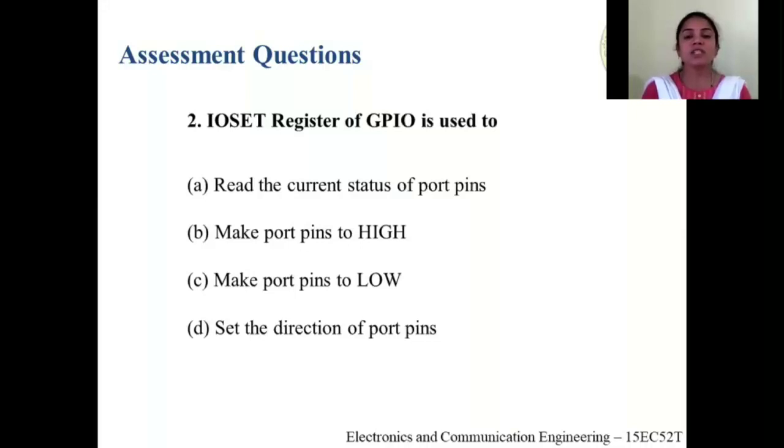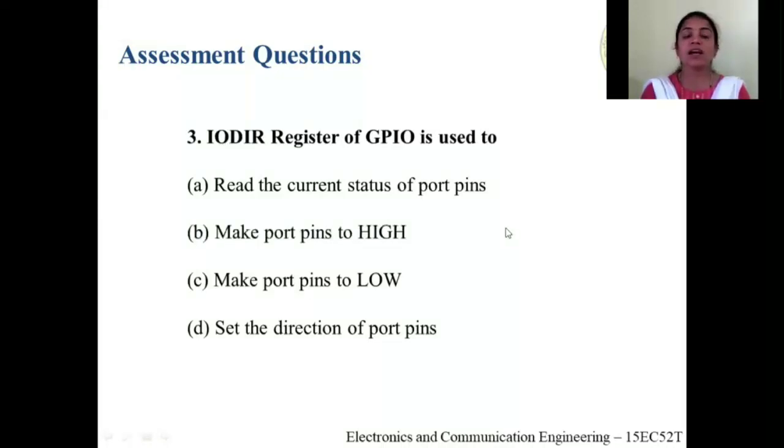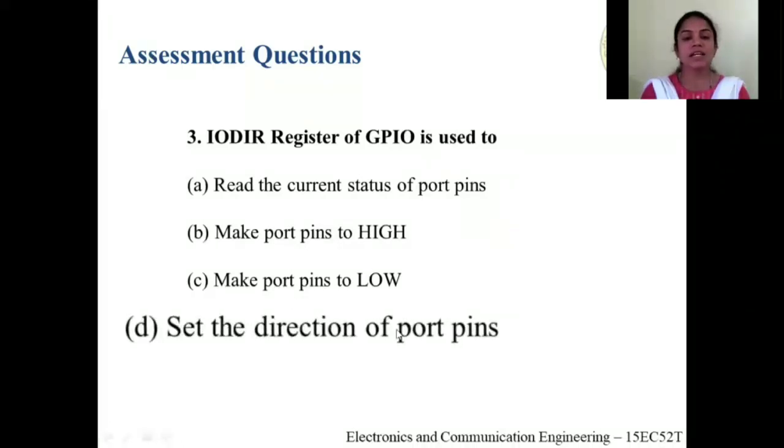Next one, the IO set register of GPIO is used to make port pins high. If you want to set that pin value to high, then we use the IO set register of GPIO. And the IO DIR register of GPIO is used to set the direction of port pins.